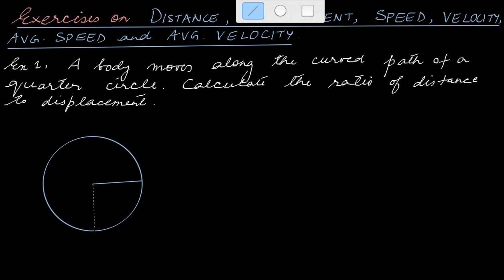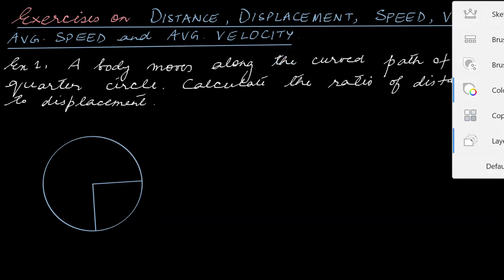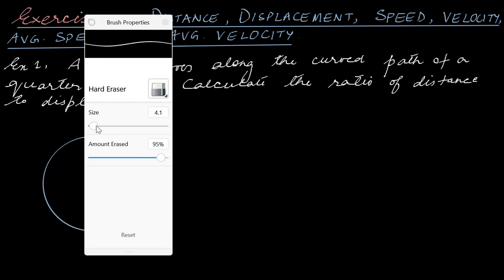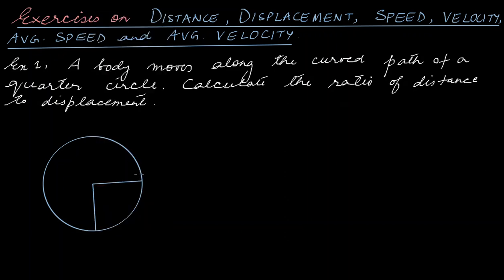Here it is a quarter circle, which means that this part is not there. Let me rub it off a little bit. Okay, so this part is not there.